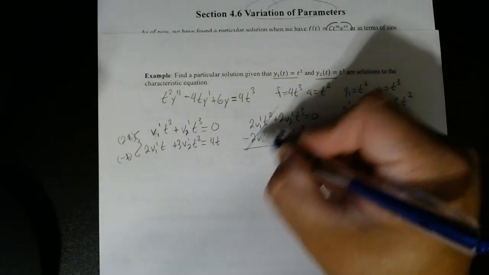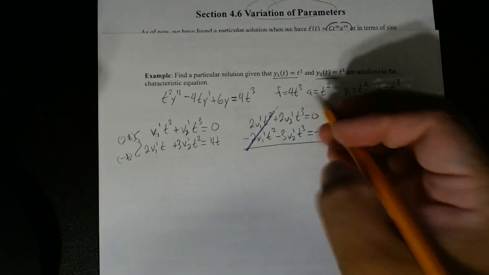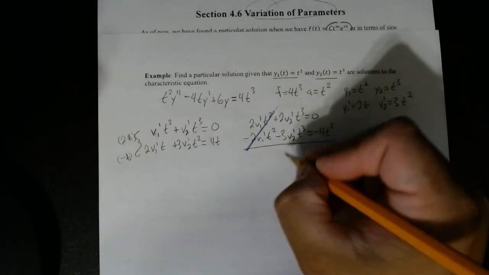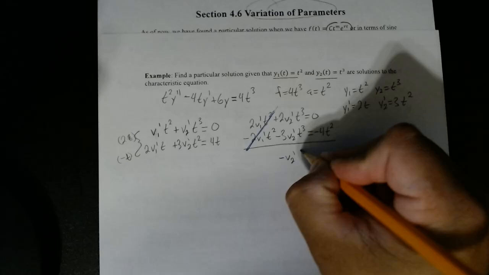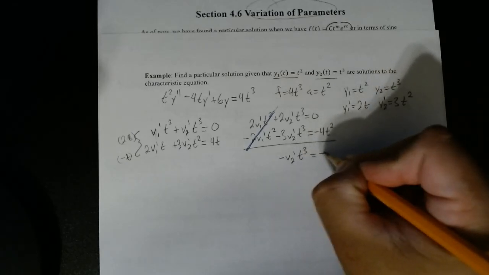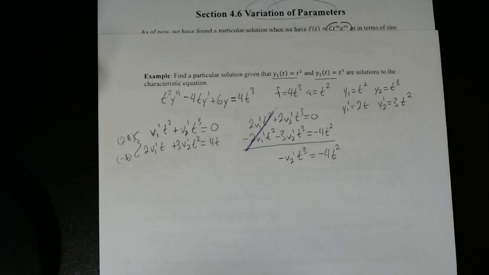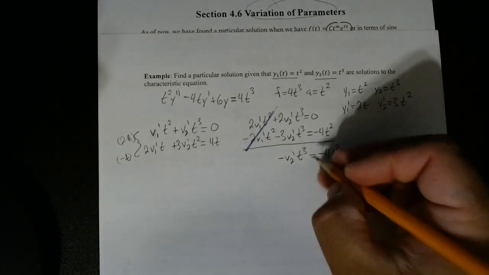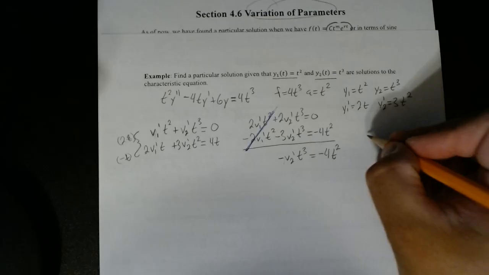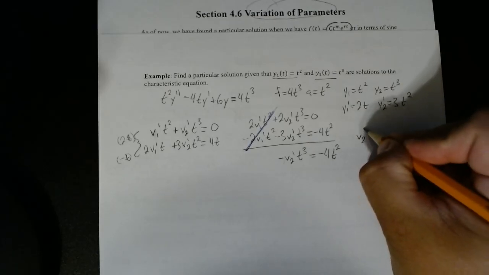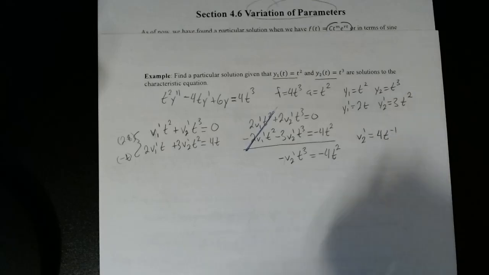These cancel. Adding these up gives you a negative. Dividing this over and getting rid of the negative, we get v2 prime is equal to 4t to the -1 power.